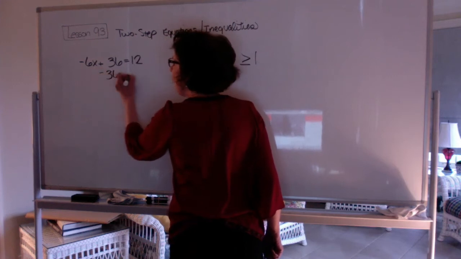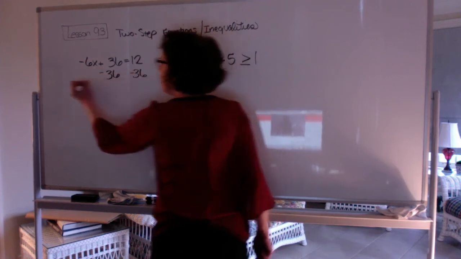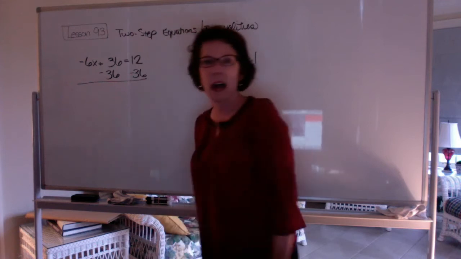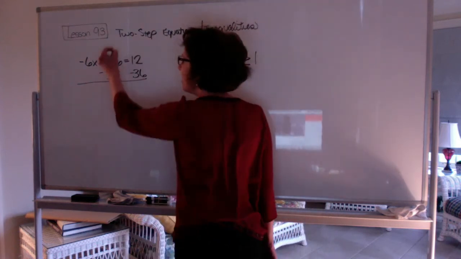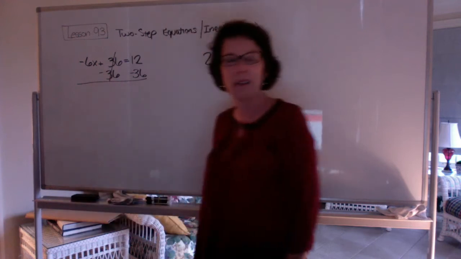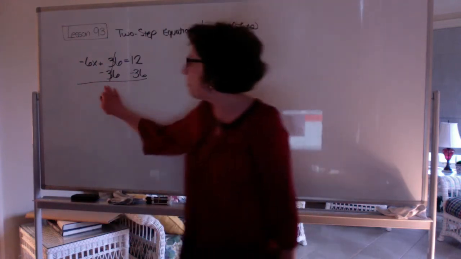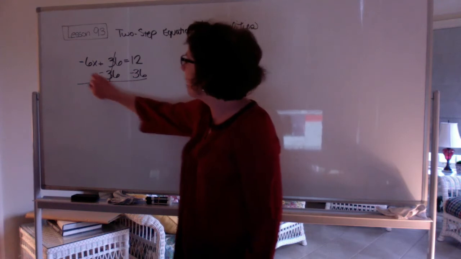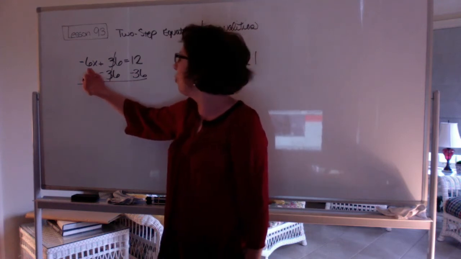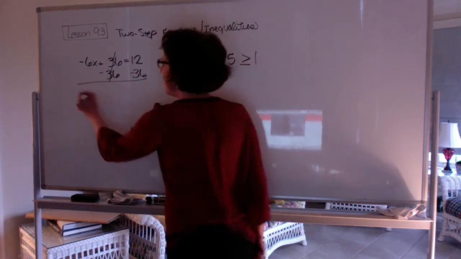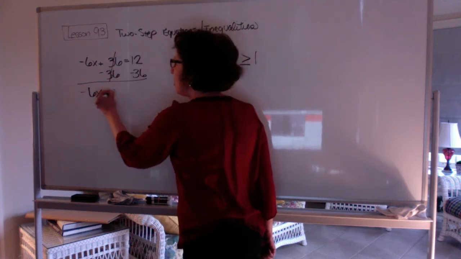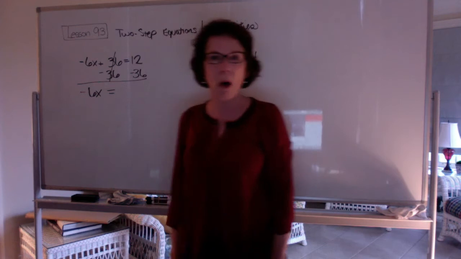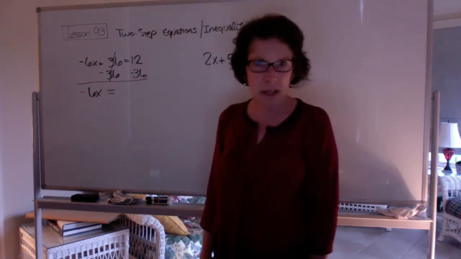I'm going to subtract 36 from the left and right side of my equation. So now on the left side, 36 minus 36 cancels out to 0. We do not put the 0 down here. Now let's come over here and let's bring down the negative 6x. Let's bring down our equal sign. Now, what is 12 minus 36?